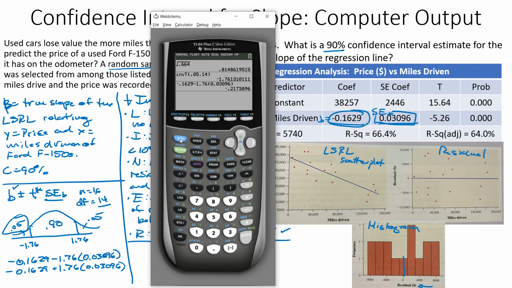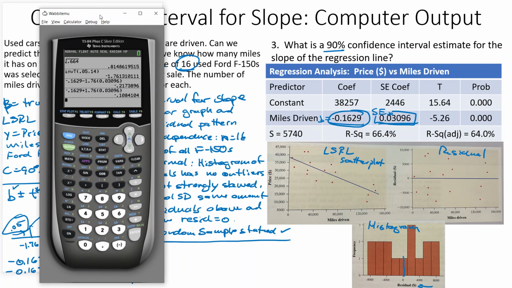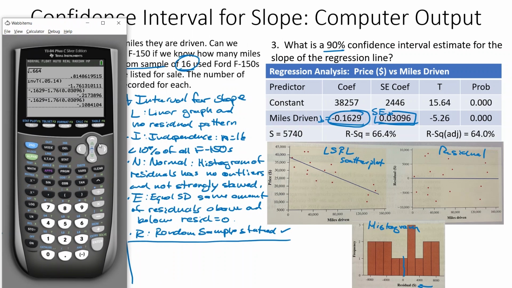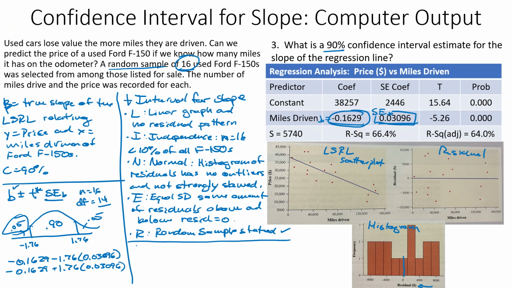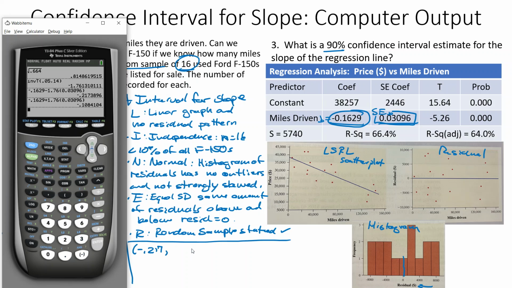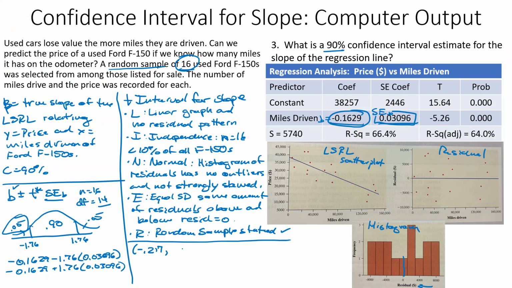There's one value, and second enter to get the last entry. I'm just going to change this to a plus sign, and that's going to give us our other value. There we go. They're both negative. That's cool. I don't really have room for it down in that box, though. So I'm going to write it in my conclusion box. So it's going to be from negative 0.217 to negative 0.108.